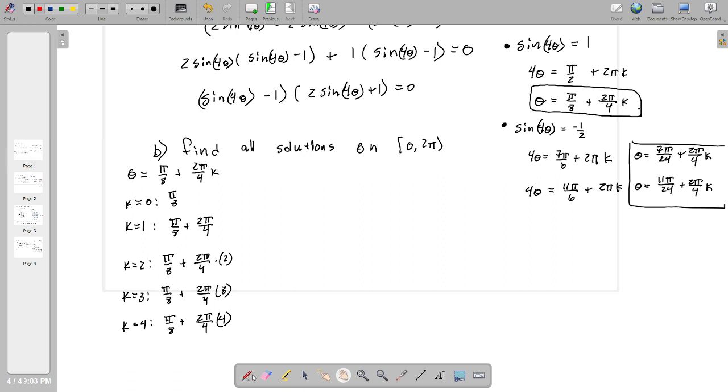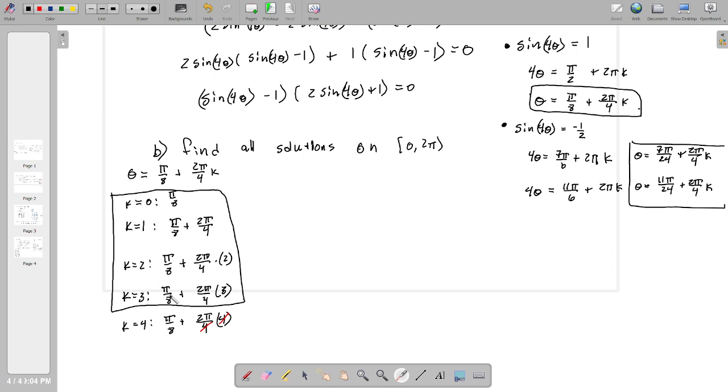If we have k is equal to 4, then we can cancel this, and we would have pi over 8, which is a positive number, plus 2 pi. Think about that. Pi over 8, which is on this interval, plus 2 pi, which is the entire length of this interval. So it would put us outside of the interval, because pi over 8 plus 2 pi would put us over here, because it would be bigger than 2 pi. So these 4 are the solutions between 0 and 2 pi.